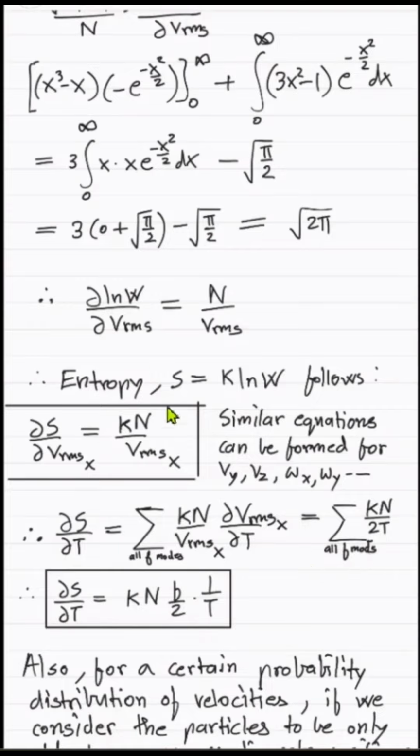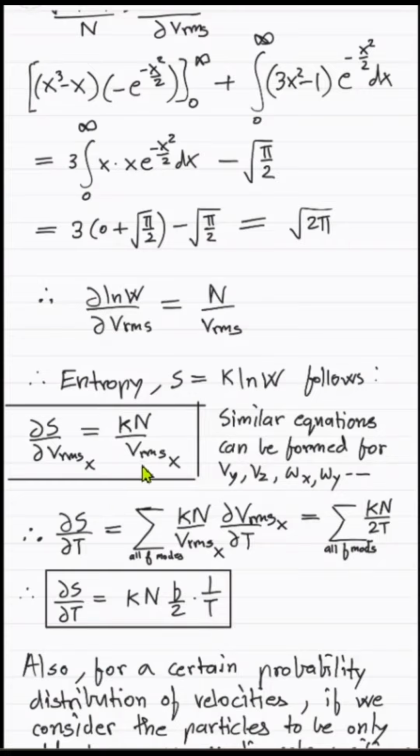So for a single mode of freedom, so for only the x direction, you just have this thing K upon 2t times capital N. So this capital N is untouched, and that VRMS is converted to T, this is converted to T as well. This K times N is still there, so you just get this thing KN upon 2T, right? Cool.